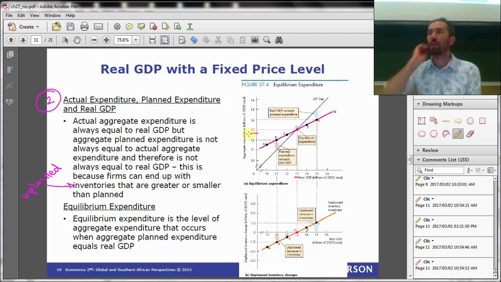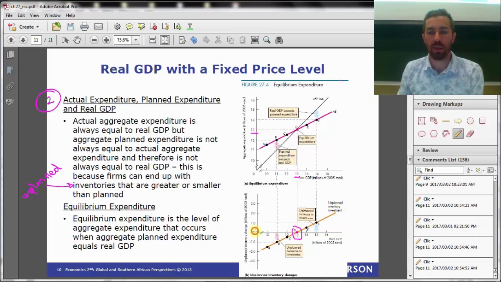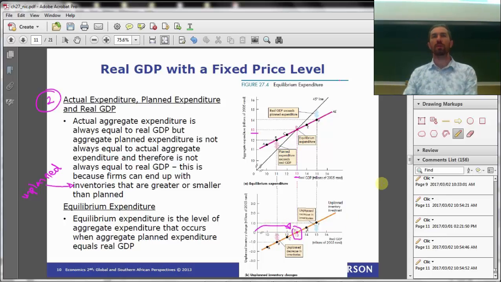Okay? If our planned expenditure equals our actual expenditure, which is measured by real GDP, then our unplanned change in inventories is 0. Okay? 0 is our unplanned change in inventories.